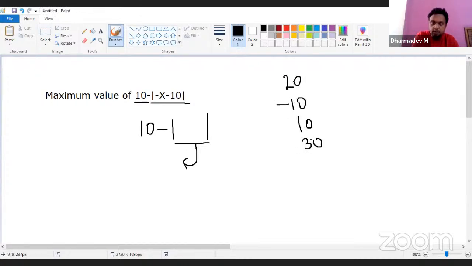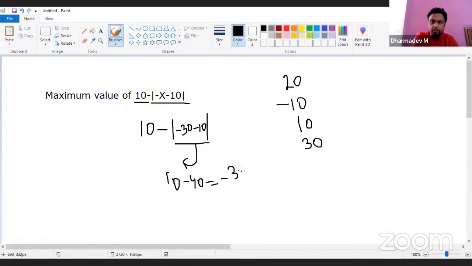Any doubts with those options? So I have minus 10 over here. If minus X is minus 30, that will become minus 40. Since it's in modulus, I have to write it in positive. So that becomes 10 minus 40, that is equal to minus 30. Removing the modulus sign, 10 minus 40 is negative 30.